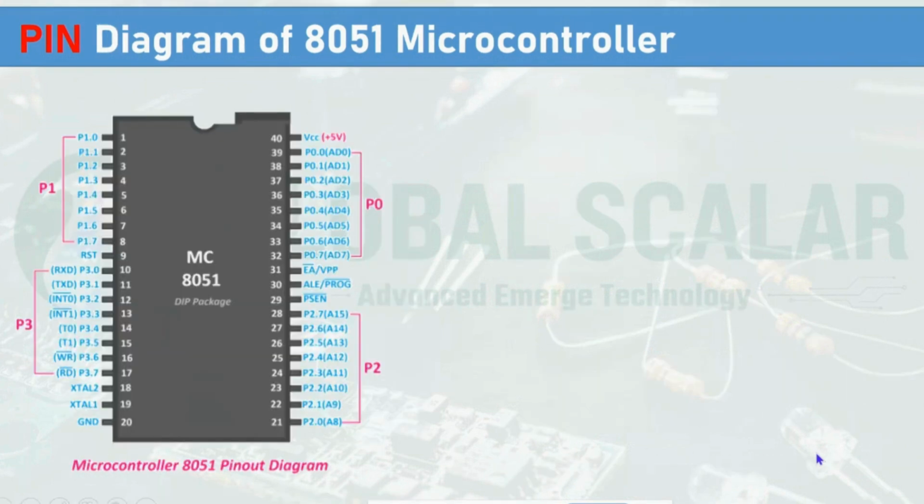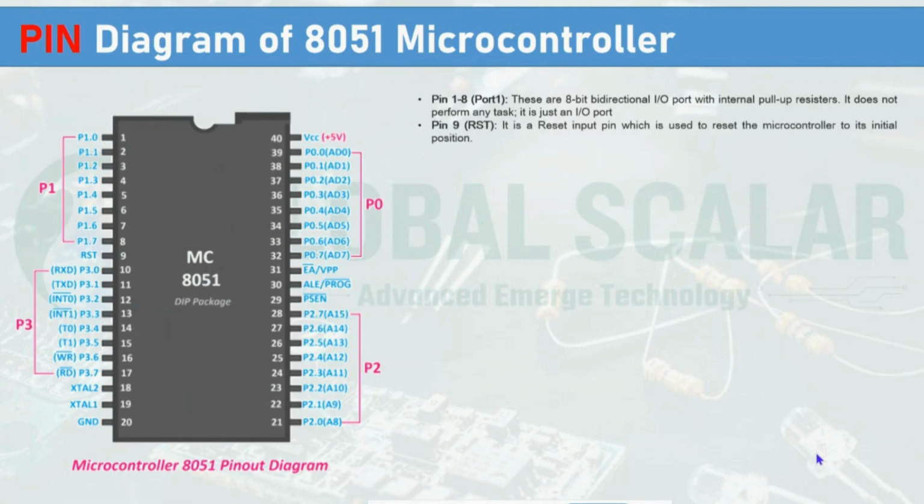And we have the P1 and P2, whatever the IO pins of the 40 pins. We just need to understand that pins 1 to 8 are bidirectional pins. They don't perform any task, they are just IO connections. And pin 9 is the reset pin. It is used to reset the microcontroller.